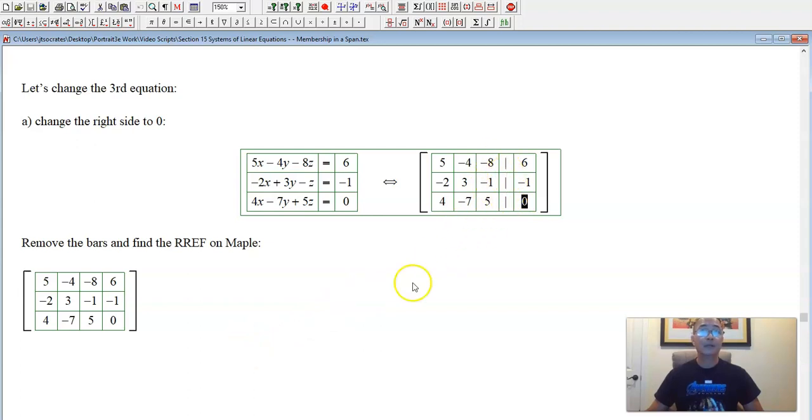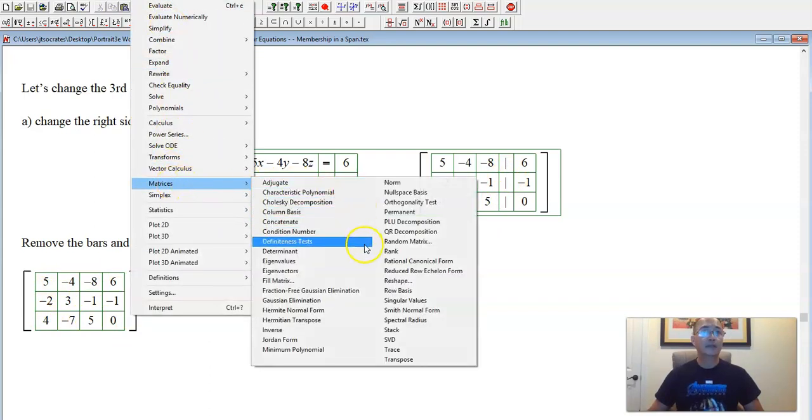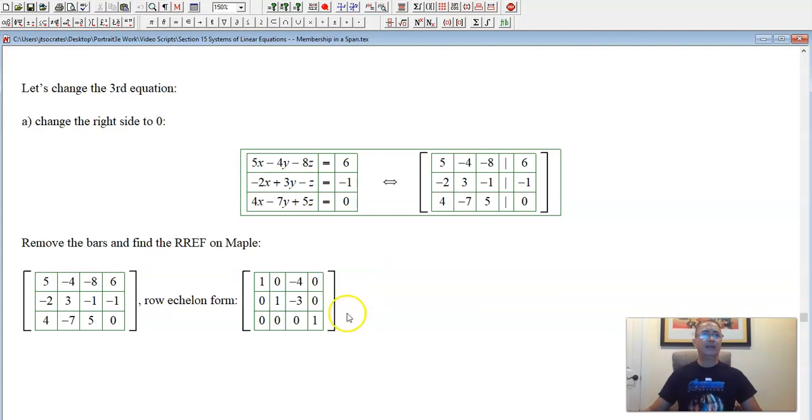I'm going to erase the bars, here they are, so that we can run this on Maple. So, compute matrices REF. Okay, so this is now a very different REF from the one we got before. Okay, so notice that in the final row, we get 3 zeros followed by a 1. Okay, but remember, there's supposed to be a bar between the third column and the fourth column.